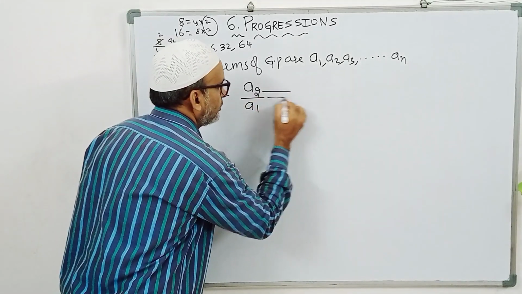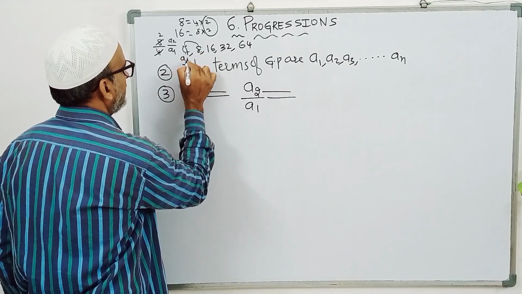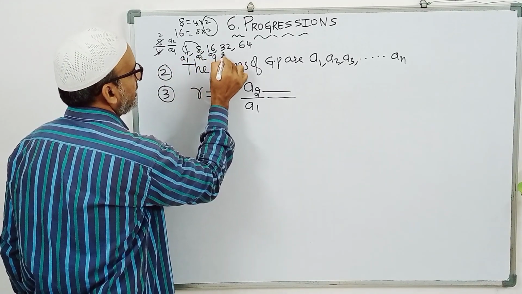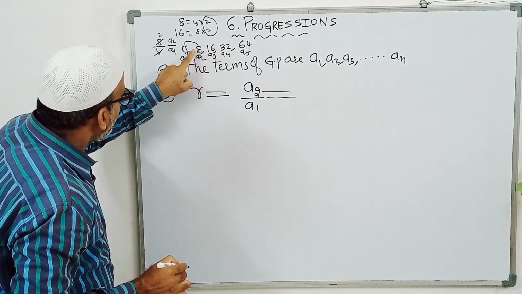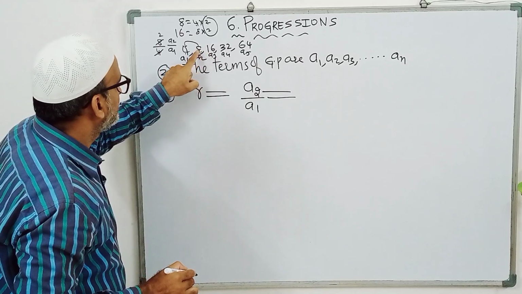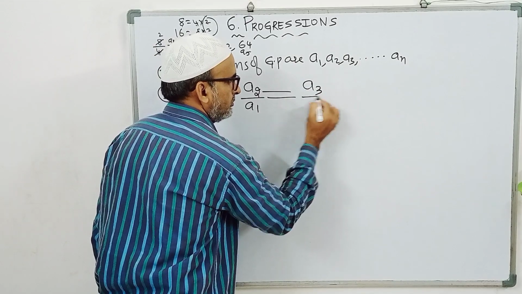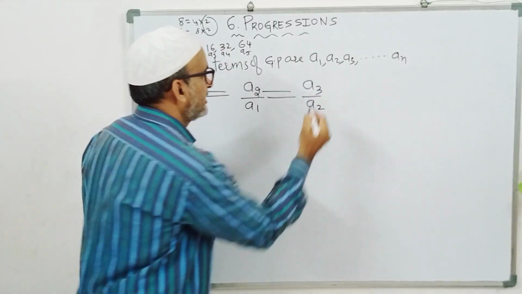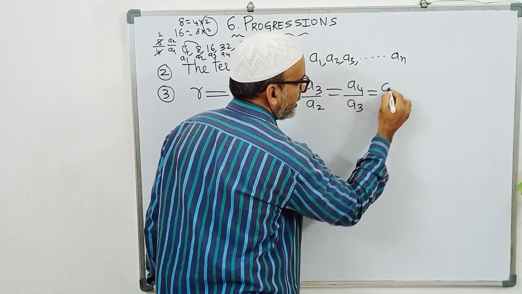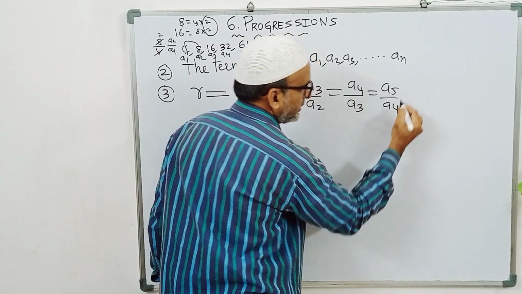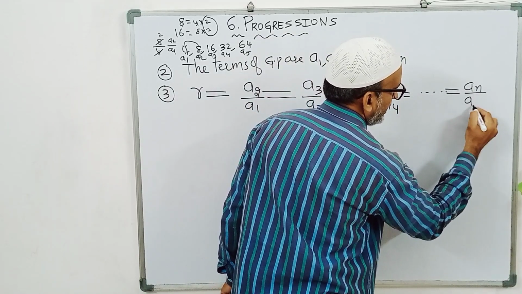This is also equal to 16 by 8, A3 by A2. That is also equal to A4 by A3. That is also equal to A5 by A4. This is also equal to so on is equal to AN by AN minus 1.